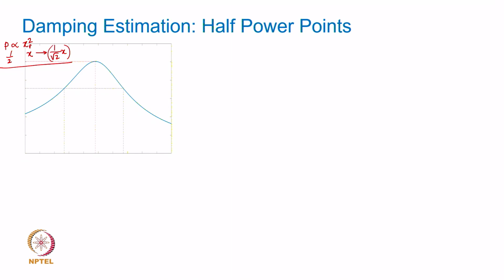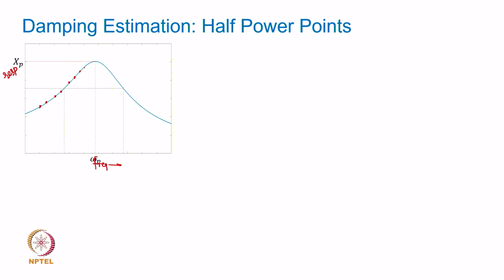So, what we do is plot this kind of a response versus frequency, as we have seen in the previous slide. I can keep on changing the excitation frequency and keep on noting down the amplitude at each of those frequencies, and somehow generate this response variation.